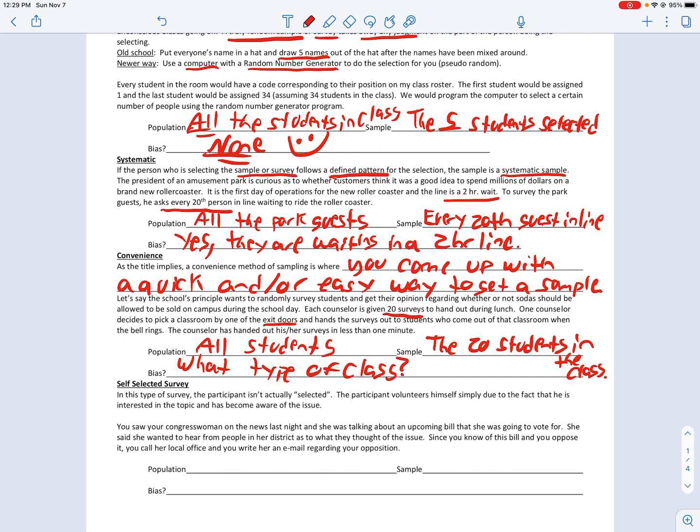Maybe it's a 7th grade class and they all want soda right now. Maybe it's a senior class. It just depends. So there will be some bias depending on what class it is and what students are in that class. Again, you're going to see throughout these notes that a lot of times there's going to be bias. It's really challenging to get rid of all bias. That's why you try to do a completely random sample, but that's not easy. It's very challenging, and it can be expensive.